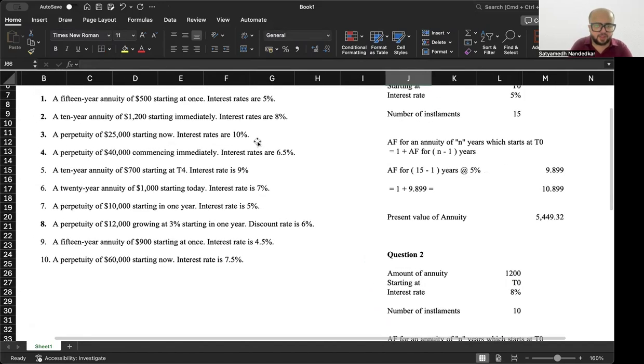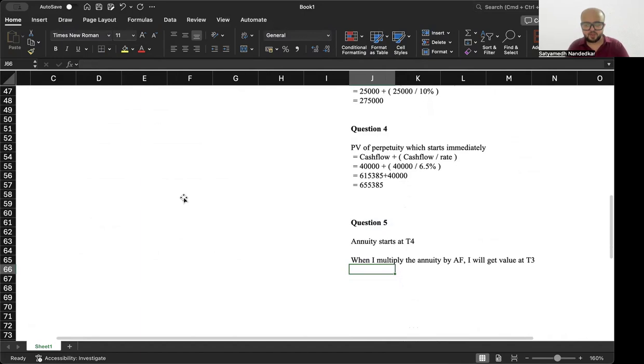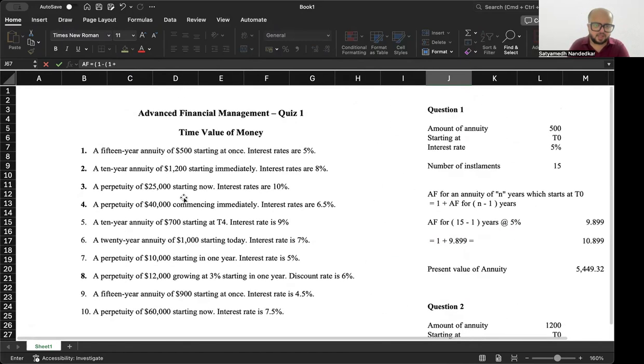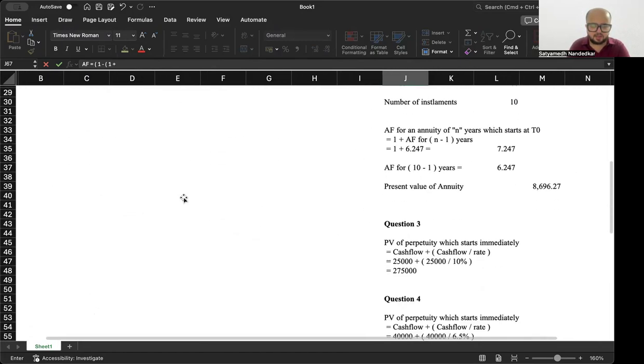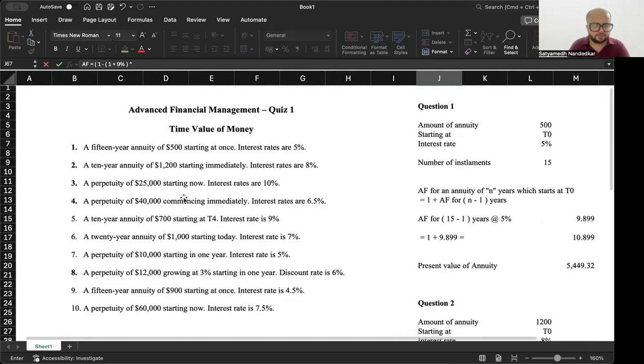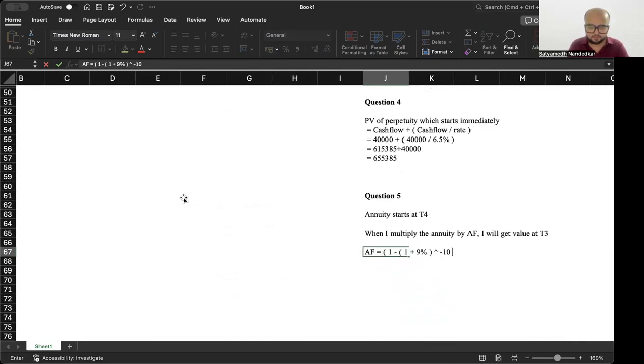So if I have to calculate annuity factor, how much is that? 1 minus 1 plus r raised to minus n upon r. It's a 10-year annuity. Okay. So annuity factor is 1 minus 1 plus r. What is r? R is 9%. Raised to minus 10 upon r.